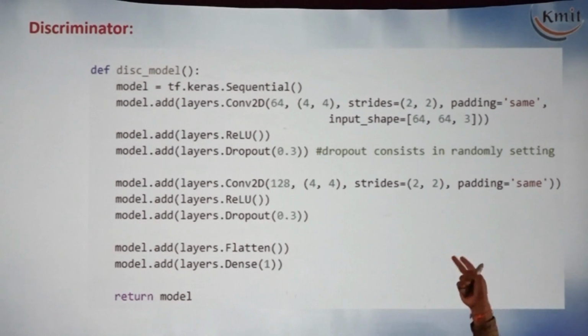Imagine the discriminator in the diagram. In the discriminator, the input is an image. Which images? Real images and fake images, both. You have to combine these two and give that as the input for the discriminator. And that image is 64 by 64.